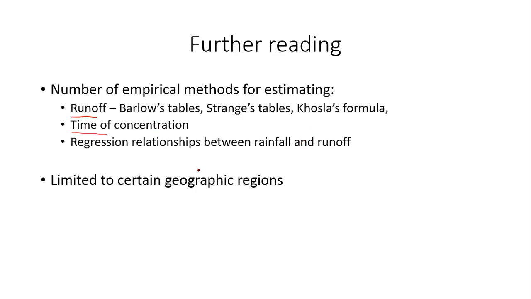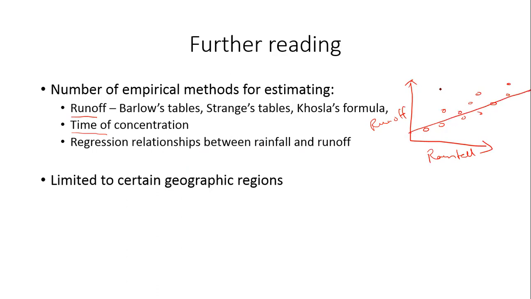You know what a regression relationship is, right? Yes or no? Suppose I have rainfall on the x-axis and runoff on the y-axis. Let us say I collect data every year for 20 years or 30 years. I collect some data for runoff versus rainfall for this given watershed, and then I look at all these 20 years of data and try to fit a line through that.